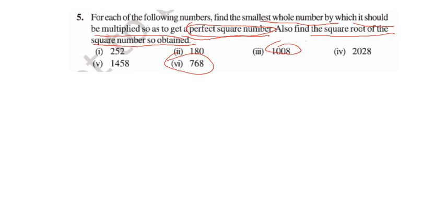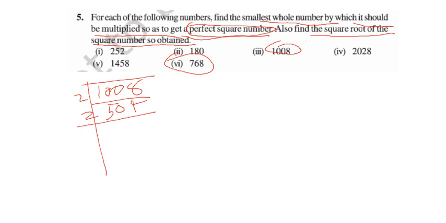Just like the previous example, for 1008 we do the factors until we get 1, and when you divide, you only use prime numbers. So divide by 2, it becomes 504. Divide by 2 again, it becomes 252.